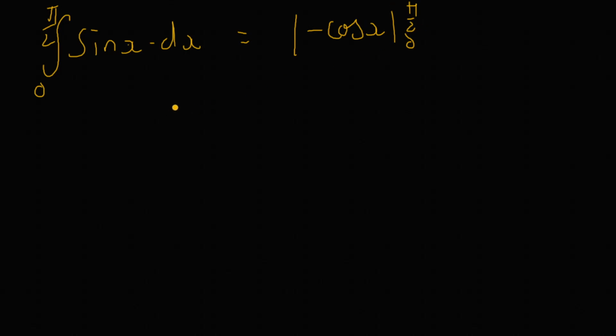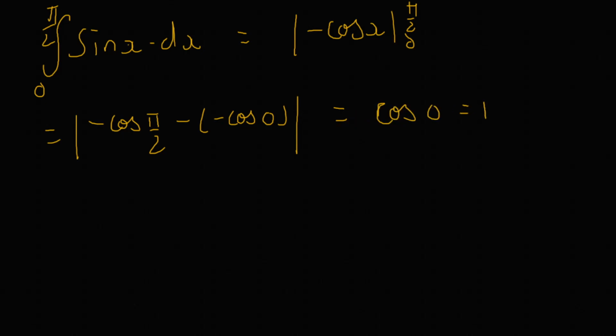Let's put in the limits. Minus cos pi by 2 minus cos 0. Cos pi by 2 is 0, so we are left with cos 0, which is 1.